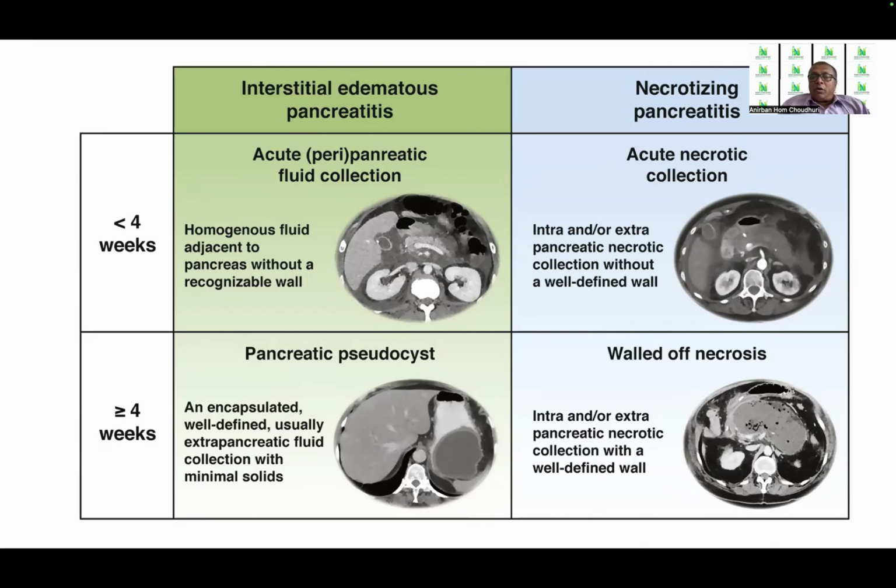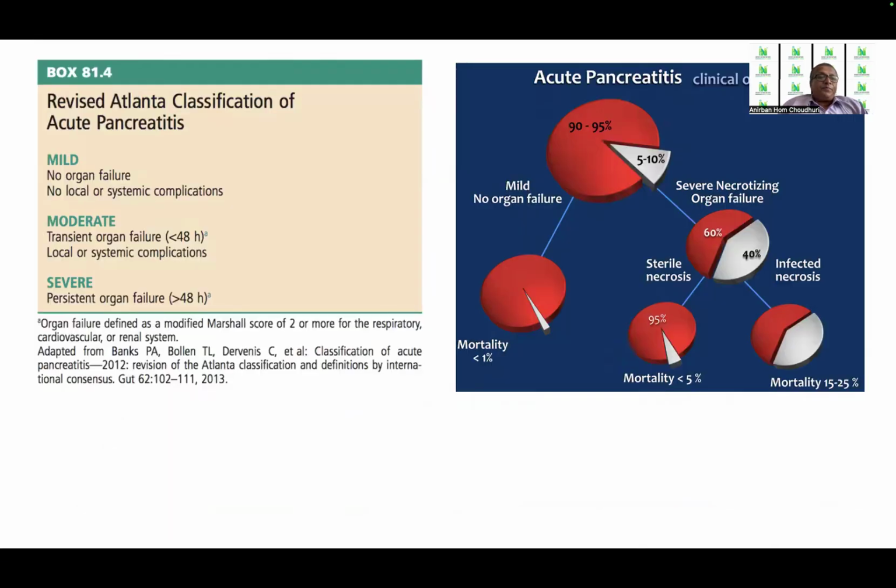Now, the outcome in these two conditions varies. While it is not so bad in interstitial edematous pancreatitis, neglected acute pancreatitis can have a much worse outcome.